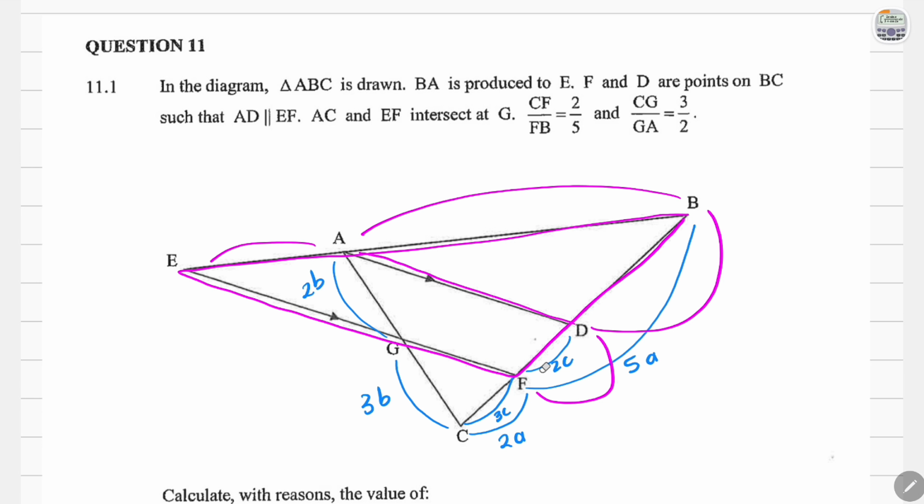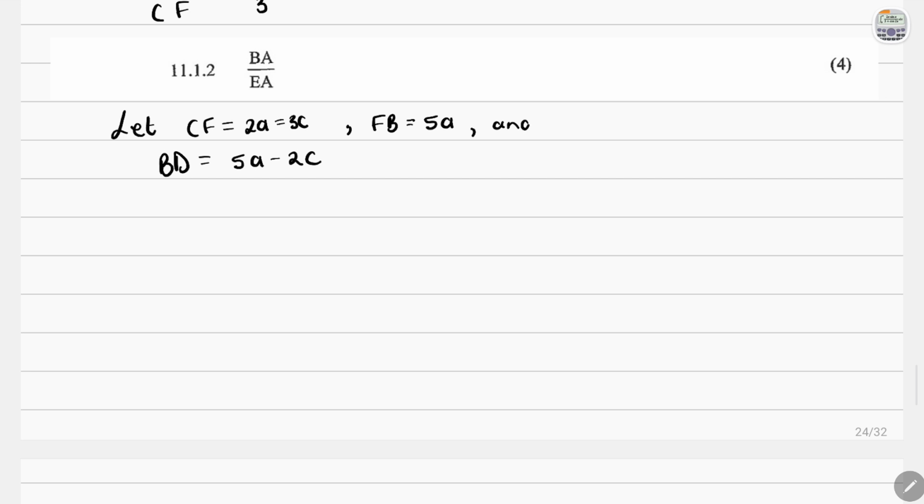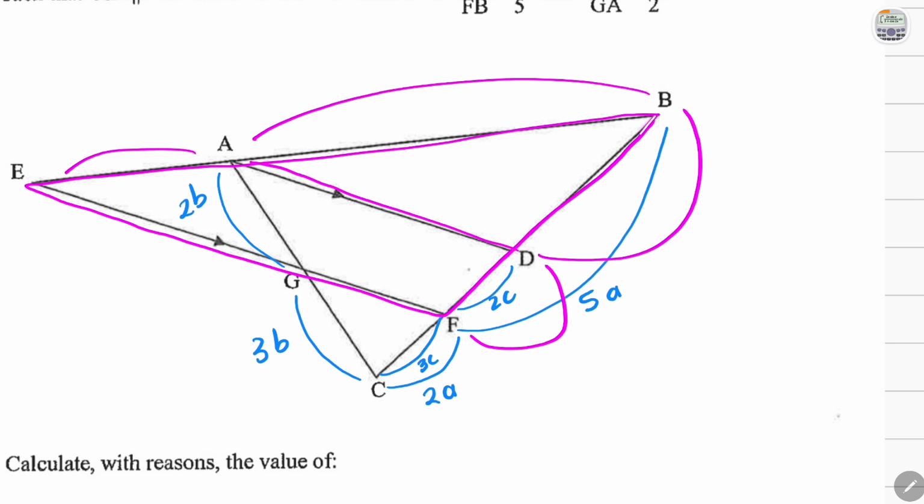Lastly, FD is equal to 2C, and that's what we have. So BD would be found by saying 5A minus 2C. Remember that. That is how we find it, by taking this entire 5A minus FD, which was 2C.